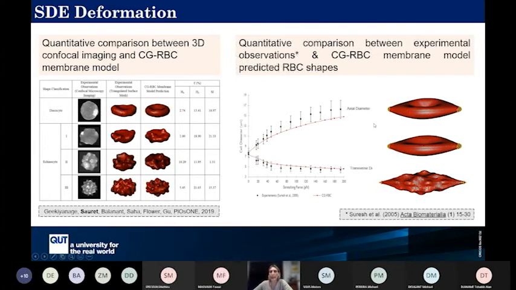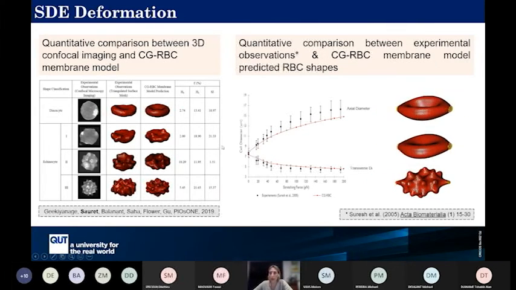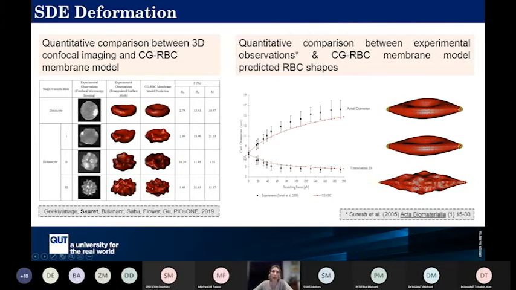What we also did is we compared, so there is some published work on stretching those red blood cells. This stretching is done purely on the discocyte shape, and so what we've done is compare the stretching for our model, so the red one, against the experimental stretching here. And so with those large standard deviations from the experiments, we're almost within the standard deviation of the experiment, so we're pretty happy also with that.